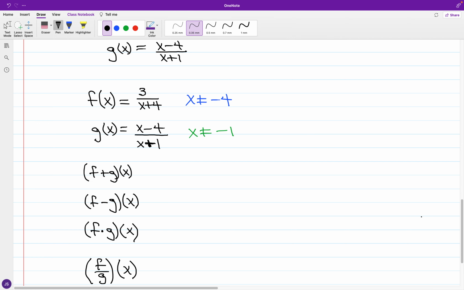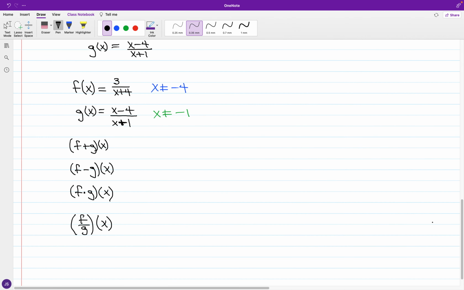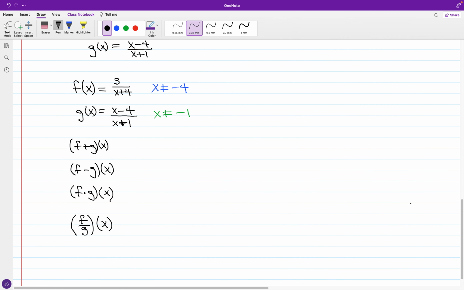Okay, now for the operational functions, for f plus g, f minus g, f times g, and f divided by g of x. Again, for these to be defined, we have to keep the functions immediately involved defined as well. So I have to keep f of x real as well as g of x.